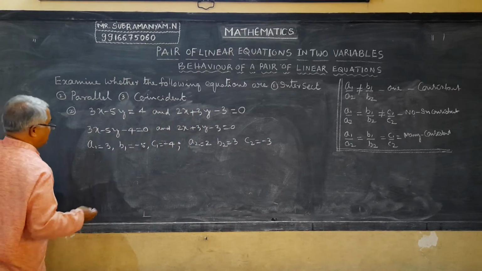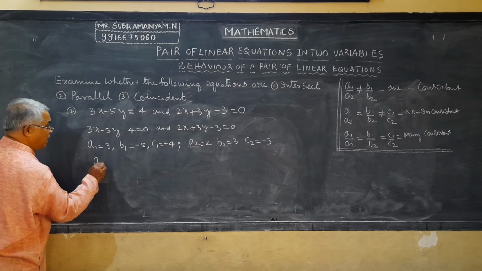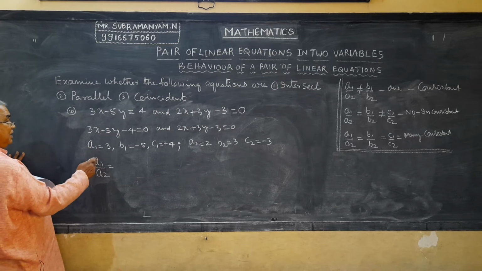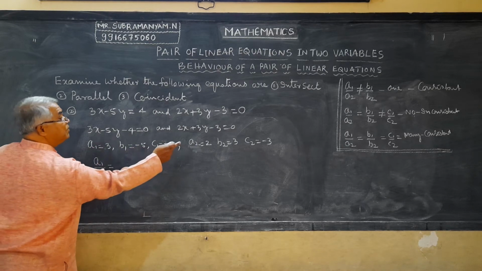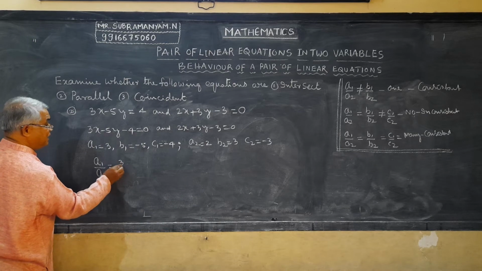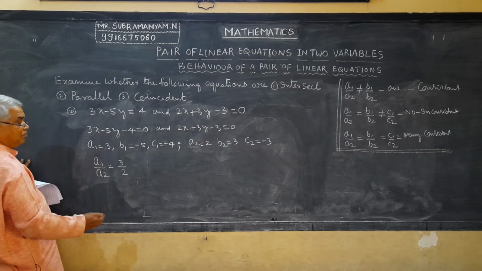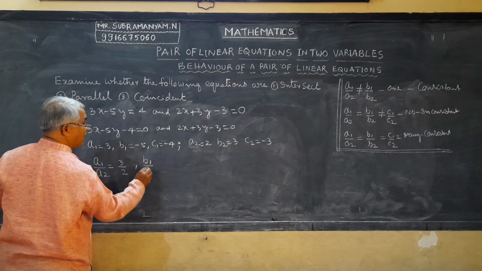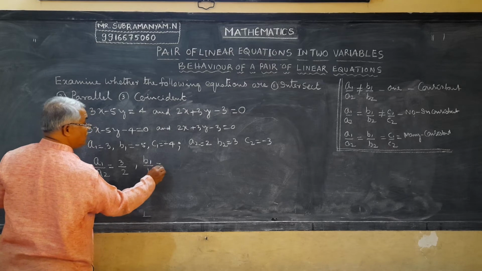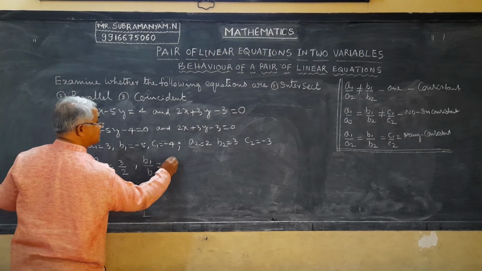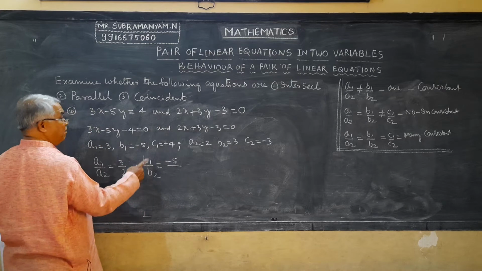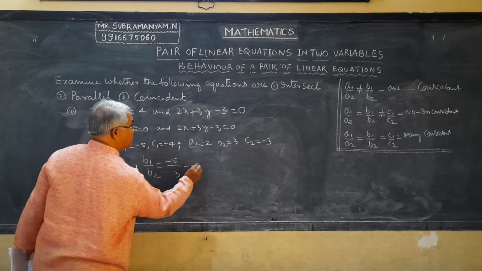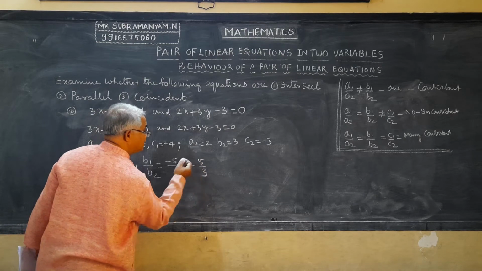Now, a1 by a2. What is the value? a1 is 3, a2 is 2. 3 by 2. b1 by b2. What is b1? Minus 5 by b2 value is 3. That is minus 5 by 3.